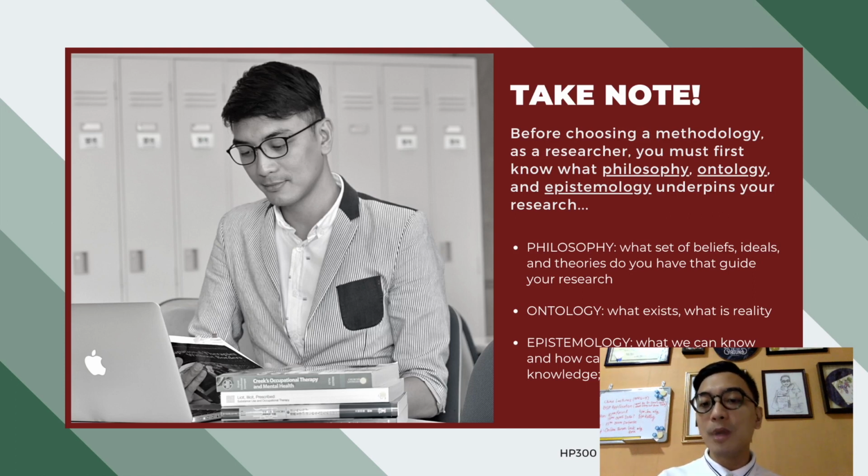You also need to be aware of your ontology, meaning ano yung nag-e-exist, what is the reality where you're going to underpin your research. Okay. And another thing which is very important is the epistemology of your research. You need to know what we can know and how we can know it.